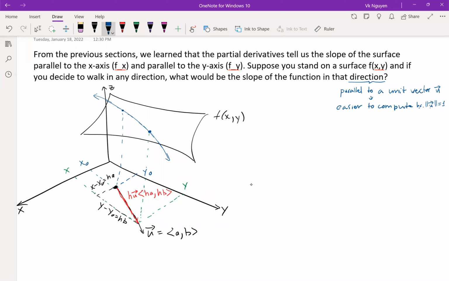This is the point (x naught, y naught, z naught), because we want to find the slope of the surface at this point in the direction of the unit vector.